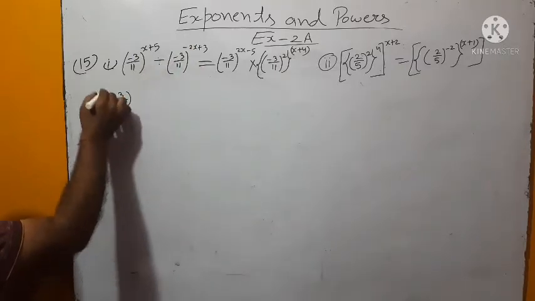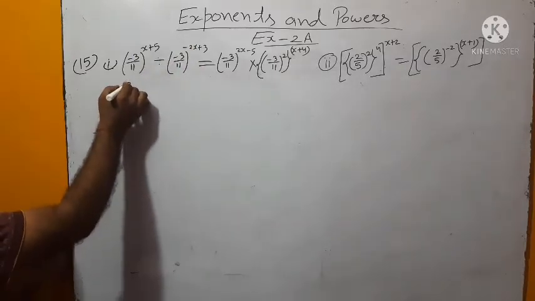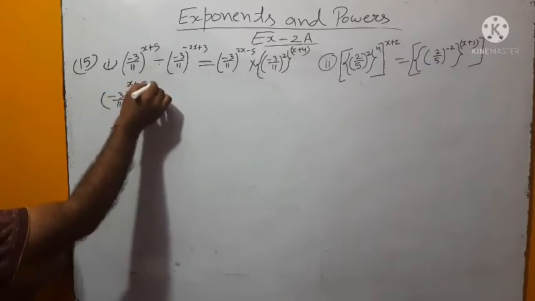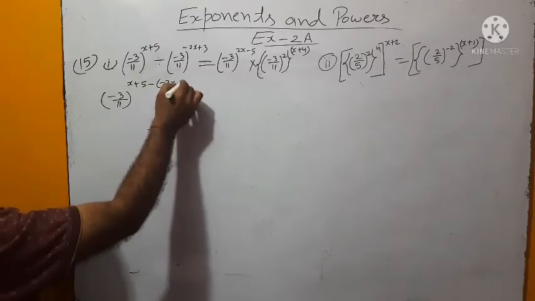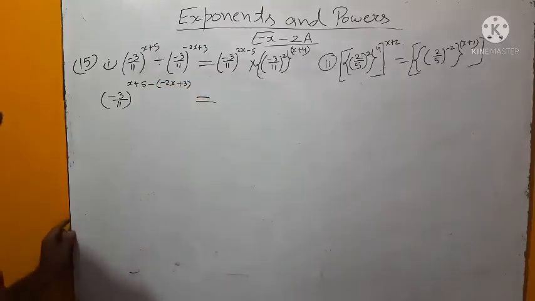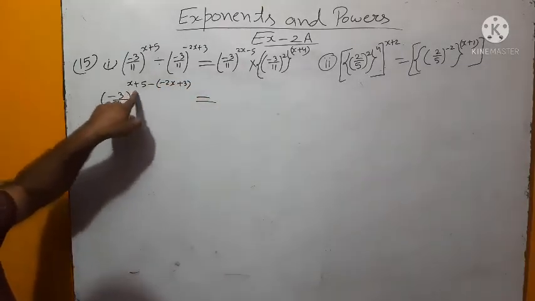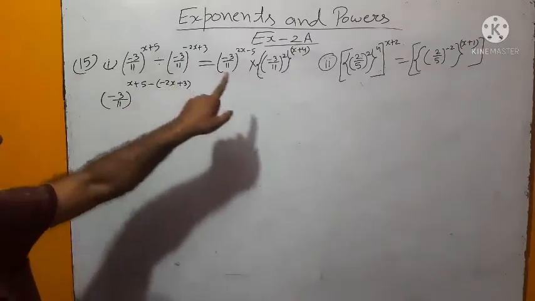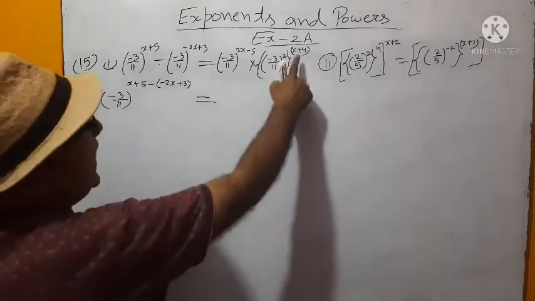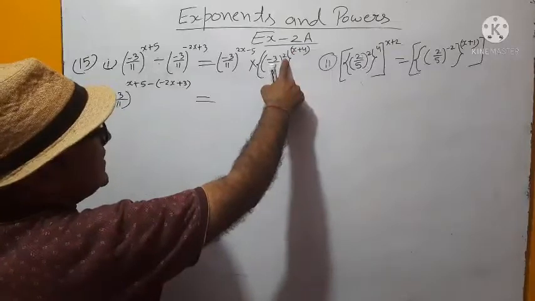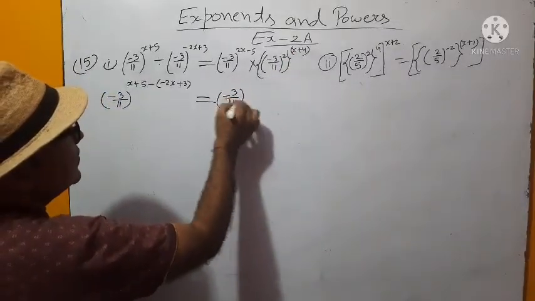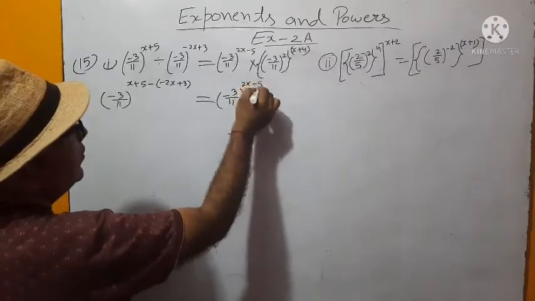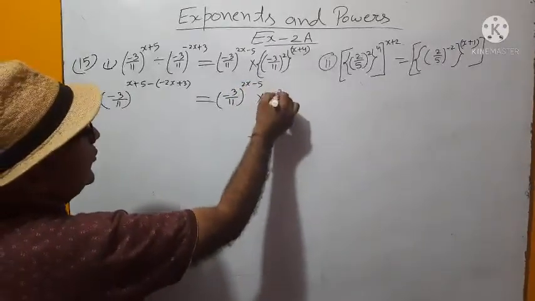So you can write minus 3 upon 11 to the power x plus 5 minus 2x plus 3. In the right hand side, exponents over exponents are multiplied. This term we will copy just as it is. First we will solve this term.